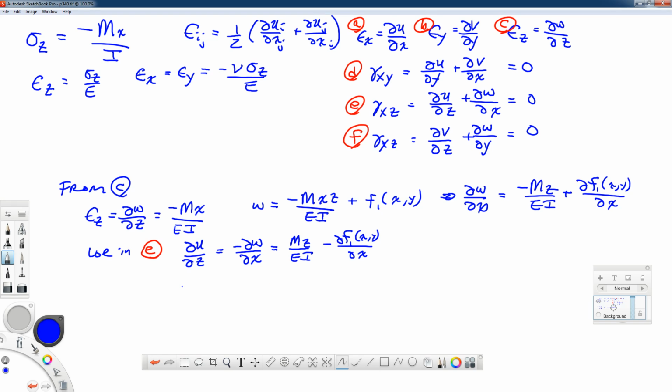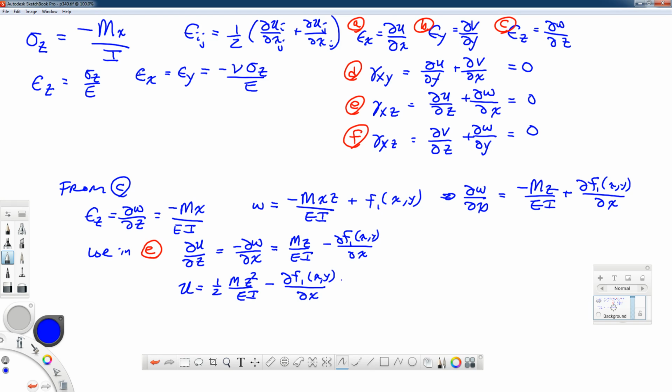If we integrate this equation with respect to z, starting with the far right term, we're going to get a 1/2 Mz squared over EI minus, now since f1 is only a function of x and y, its partial derivative will still just be a function of x and y at most, so we can treat that as a constant when we integrate.